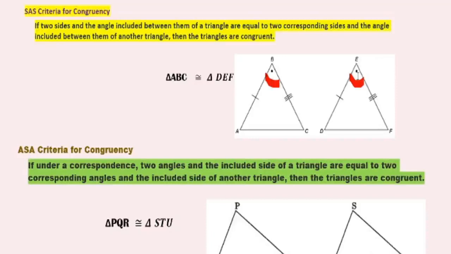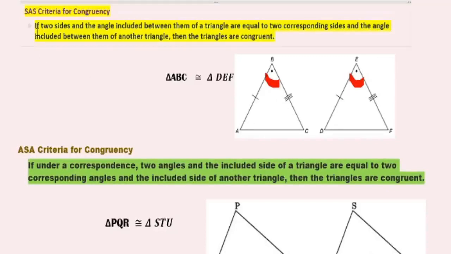Similarly, in triangle DEF, angle E is the included angle between DE and EF. You have to understand clearly what is meant by included angle.